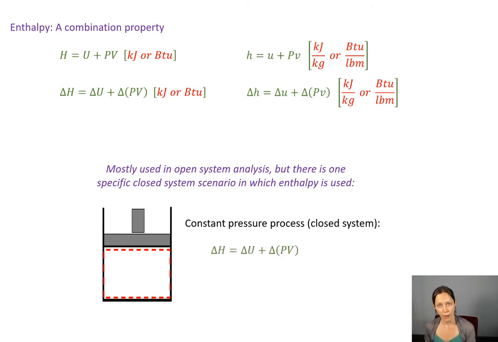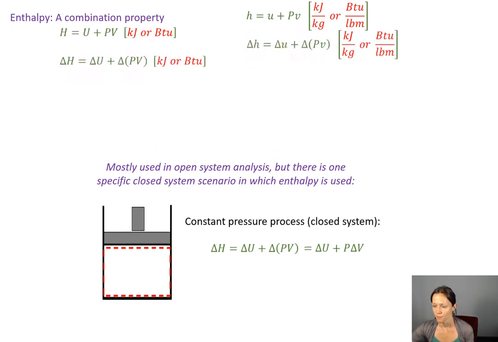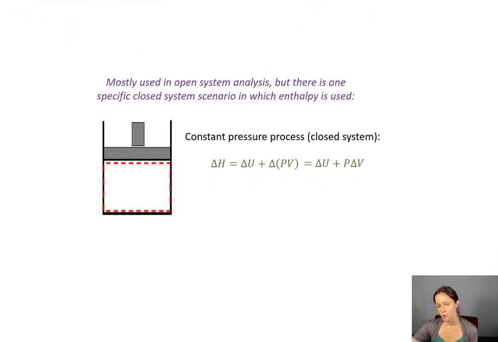So here's my equation for delta H, and if I had a constant pressure process, well, this would just be delta U plus P delta V, because the pressure is constant, right? It doesn't change. So where is this useful? Well, this is useful if we want to calculate the heat transfer for such a process. In order to do that, we're going to apply our first law, and we're going to make things kind of simple.